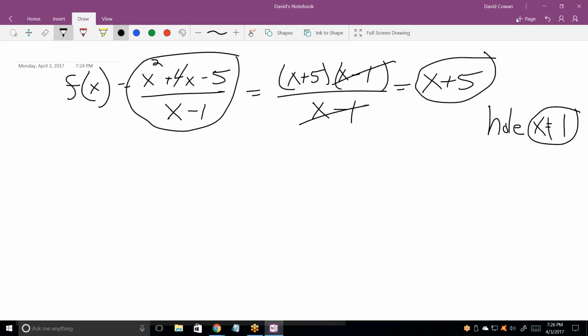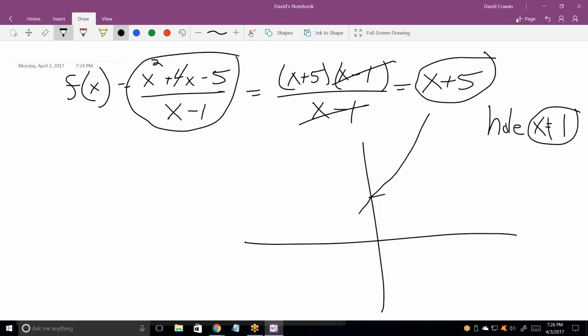In other words, if I were to graph this function, I would graph x plus 5, so I would start at 5, have a slope of 1, but then I would put a hole at x equal 1, because x can never be 1. If x is 1, you're dividing by 0, and you cannot ever divide by 0.